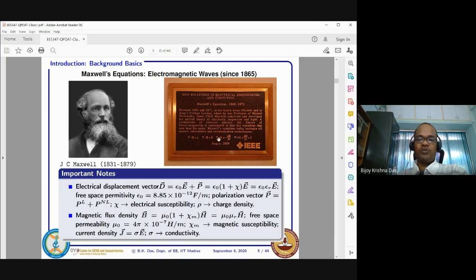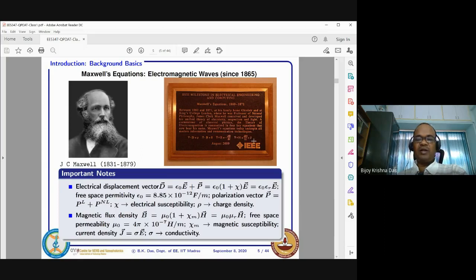The first two equations are basically Gauss's divergence theorem formulas. The third one, curl of E equals minus del B by del t, is the so-called Faraday's law. The fourth one is another curl equation, the curl of the magnetic field, originally known as Ampere's circuital law, curl of H equals J.